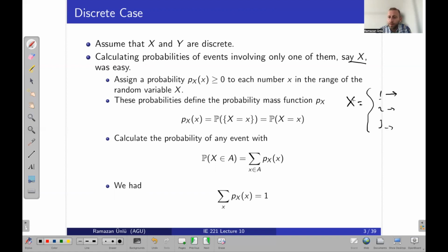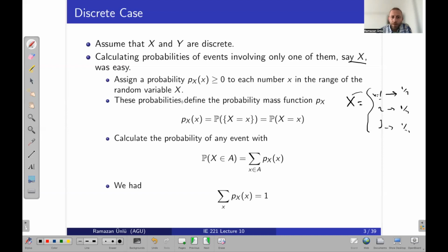The capital X represents the random variable, and the small x represents the possible values that the random variable can take, with associated probabilities like 1/2, 1/4, and 1/4. So we know how to deal with this kind of random variable.